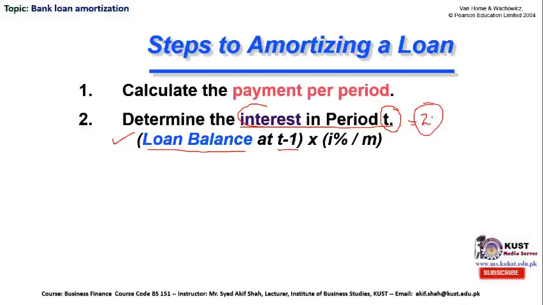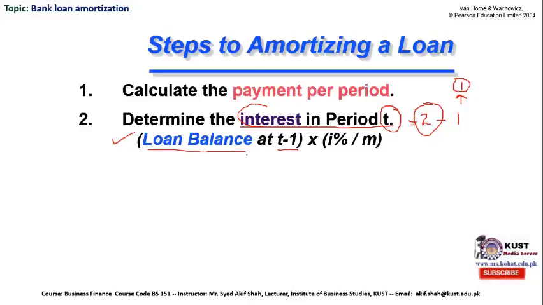T minus 1 means you need to subtract 1 from the current time period, and it will mean the first year-end remaining balance of the loan, which we will discuss in our coming table in a practical example.